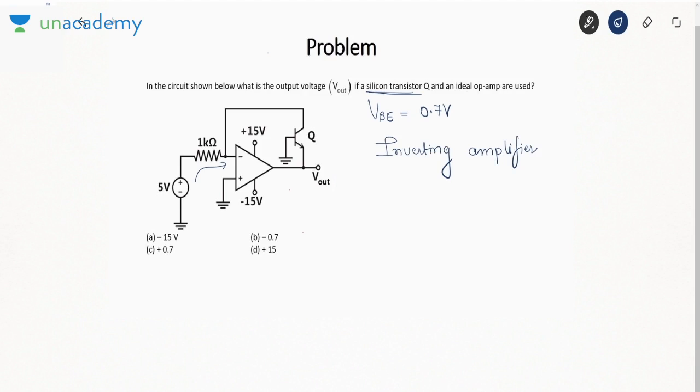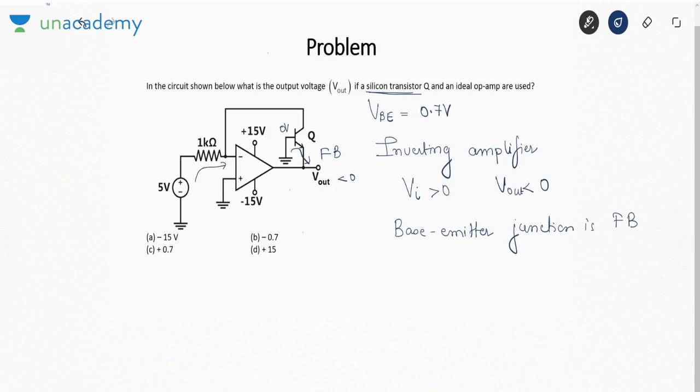amplifier. If it is the case of inverting amplifier, when input voltage is greater than 0, the output is less than 0. Here we have 0 volt. This voltage V out is less than 0. So this junction will be forward bias. Base emitter junction is forward bias.